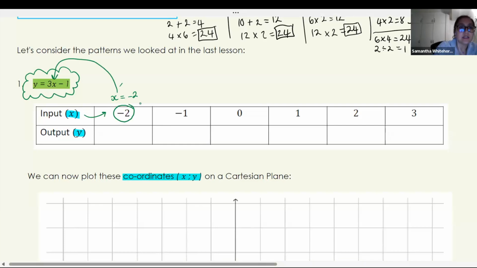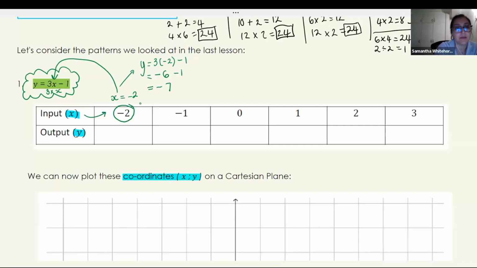So y is equal to 3 times negative 2 minus 1. Remember, between your coefficient and your variable, you are multiplying. It is a product. So positive 3 times negative 2 is negative 6. Minus 1 gives us negative 7. And so what we've established is that our output here is negative 7.